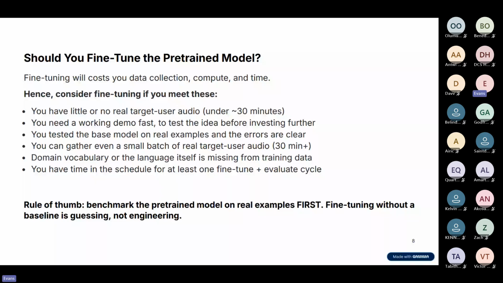So use that time, and also the evaluation cycle, making people test, because after you fine-tune your model, you have to test and see if it works. So the rule of thumb: benchmark the pre-trained model on real examples first. Before you consider fine-tuning, you have to benchmark the base model, the model that you have, on real examples first.